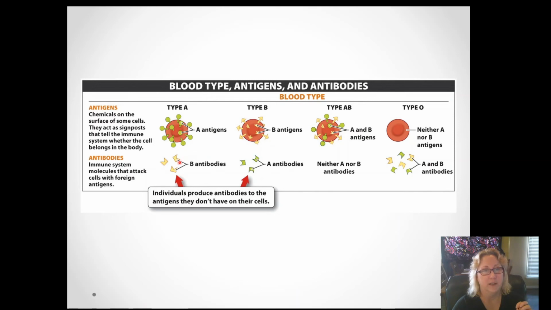But if somebody is blood type A and I give you blood that has B antigens in it, your body will react, and these antibodies will clump onto those B antigens, and it will cause clots to form in your blood. And as you can imagine, that is a very dangerous and life-threatening reaction, that kind of cross reaction.